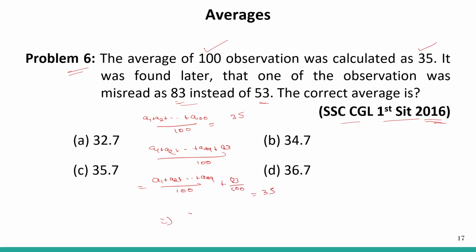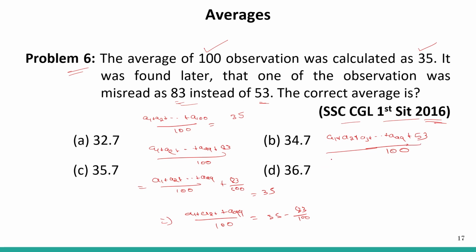So this implies that A1 plus A2 plus up to A99 whole by 100 is equal to 35 minus 83 by 100. So what it should have been is 53, right? So A1 plus A2 plus A3 plus up to A99 plus 53 by 100 is the correct observation for the average.